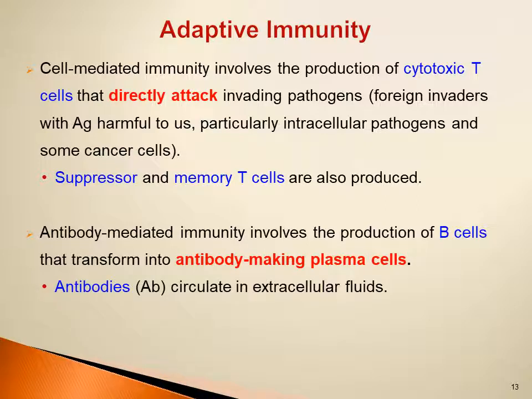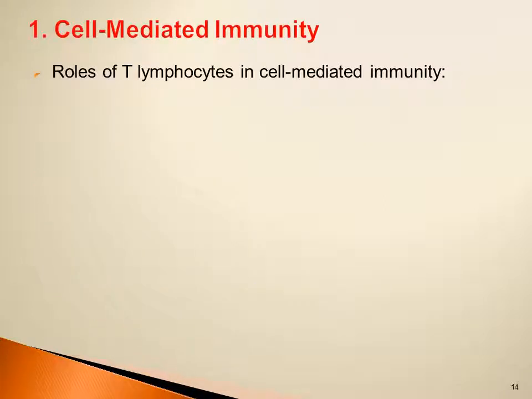Antibodies circulate in the extracellular fluid, and during the activation of the B cells, B memory cells are also produced for the next encounter with the same antigen. Now let's talk in detail about cell-mediated immunity, and then later about the antibody-mediated immunity.